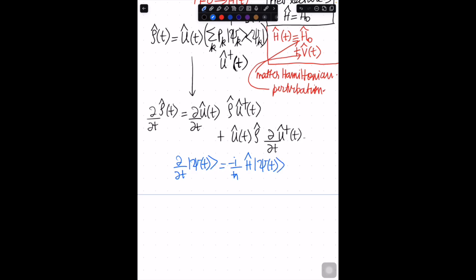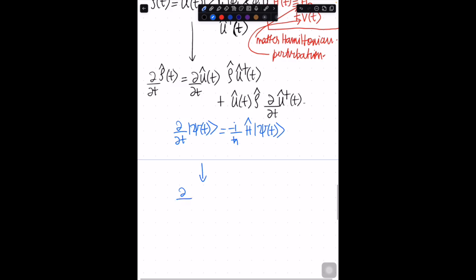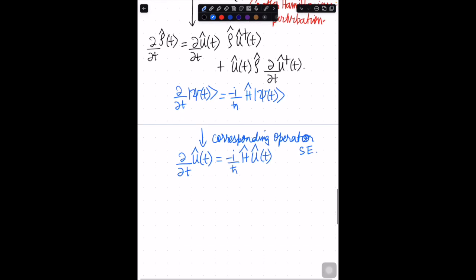So this gives you this equation for the time evolution operator: dou by dou t of U hat of t is equal to minus i over h bar times the Hamiltonian acting on U hat of t. So this is the corresponding operator Schrodinger equation for the time evolution operator.